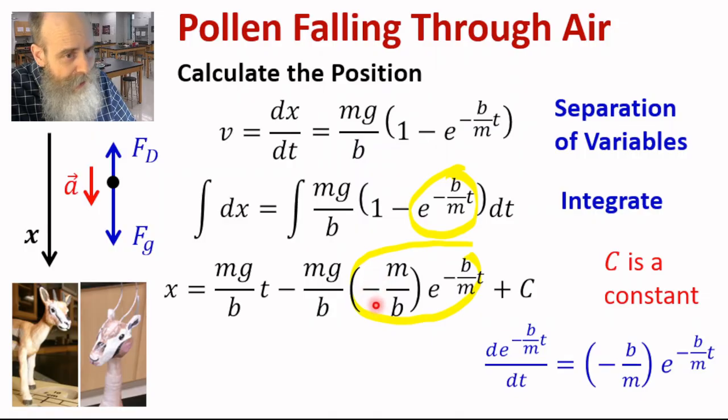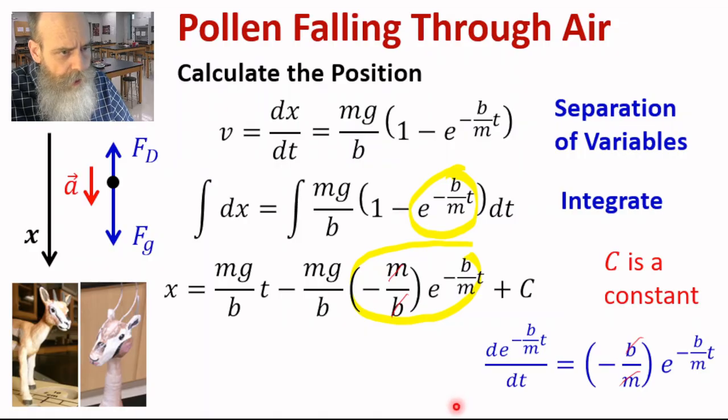Then the m's cancel out, the b's cancel out, and negative times a negative is positive, and so we get e to negative b over m t. That's just a verification that this is the solution of this integral.